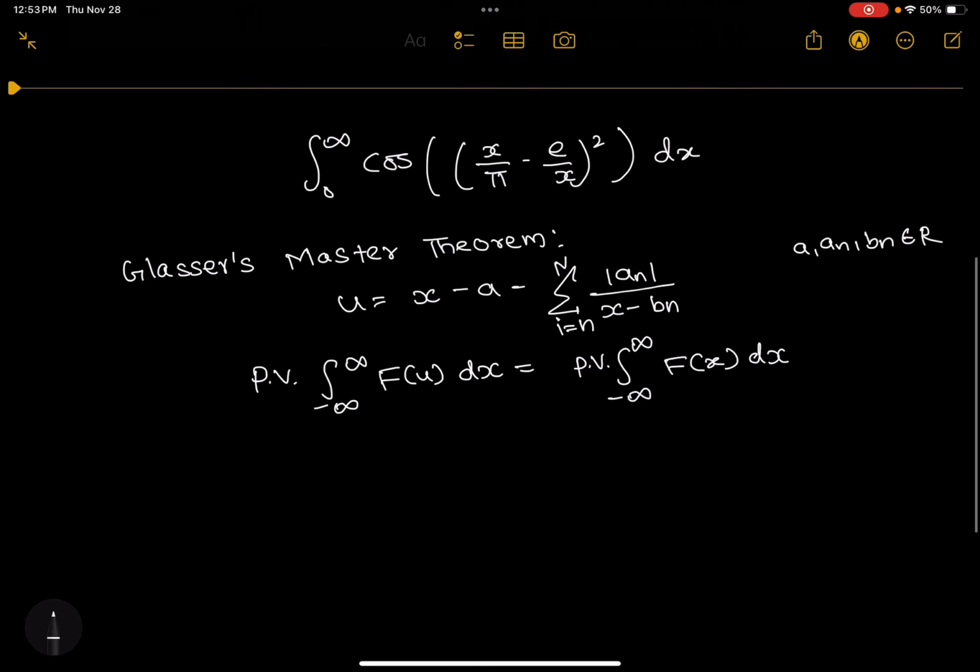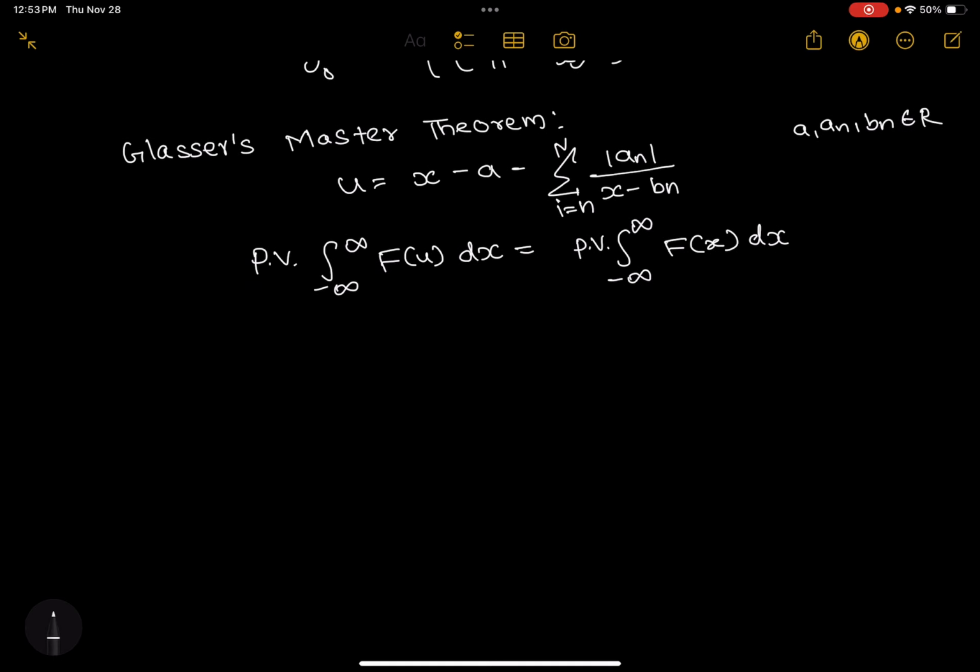This is just to make sure that the integral is defined even when there might be some singularities or infinite limits. If you write principal value, the thing that will be helpful is, let's say you have the integral from a to b of f of x dx, and there is a singularity at a point c in between a and b, where f of c just blows up to infinity.